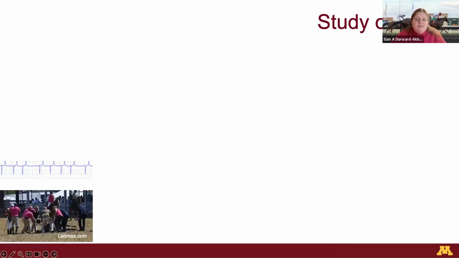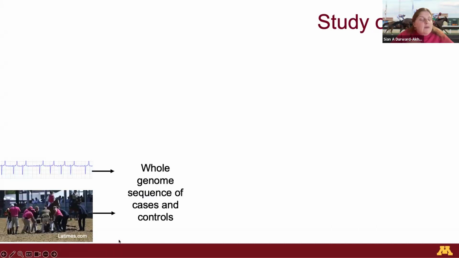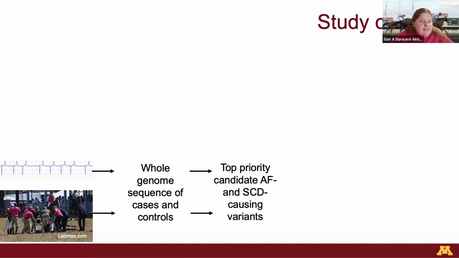Looking at the study overview, we have atrial fibrillation and sudden cardiac death cases, and we've performed whole genome sequencing of the cases and controls. Then we will be identifying the top priority, about 400, atrial fibrillation and/or sudden cardiac death causing variants.